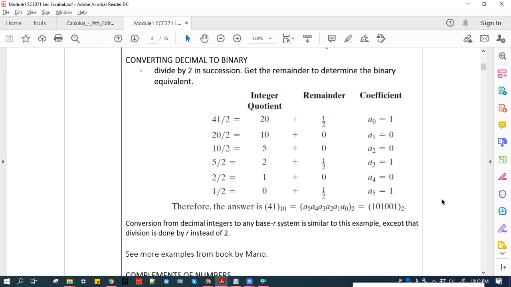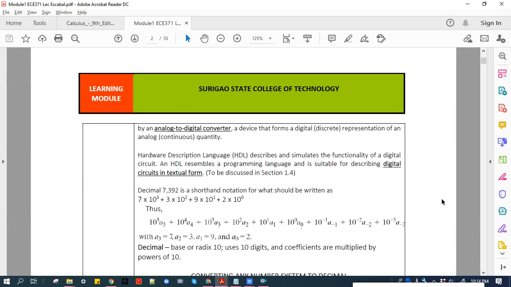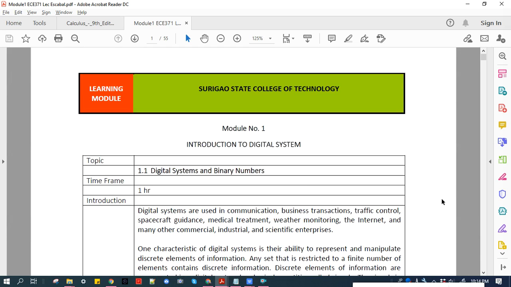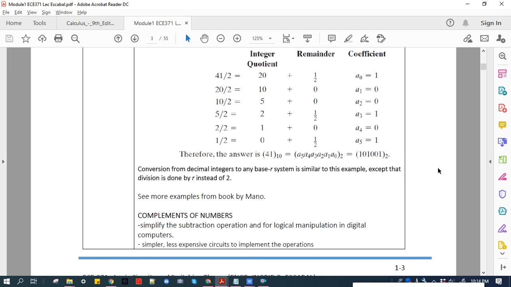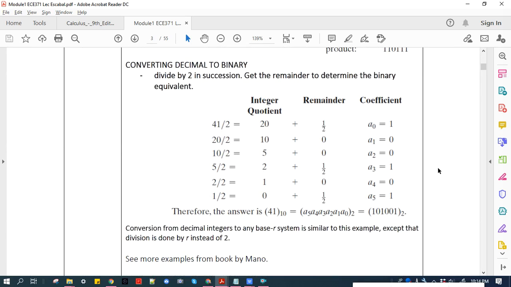Good evening. So this is part 2 of our discussion of module 1.1, which is about digital systems and binary numbers. Before anything else, let us go back first. I just want us to go back to converting decimal to binary.